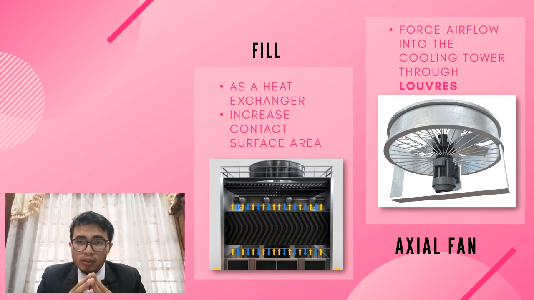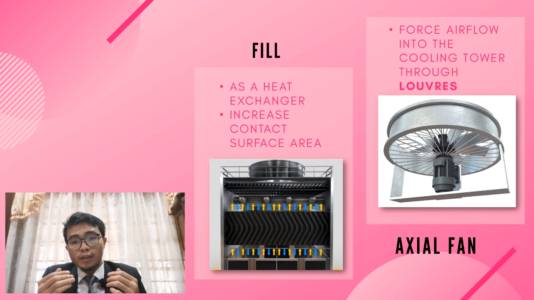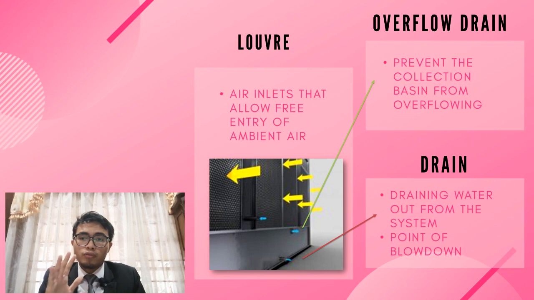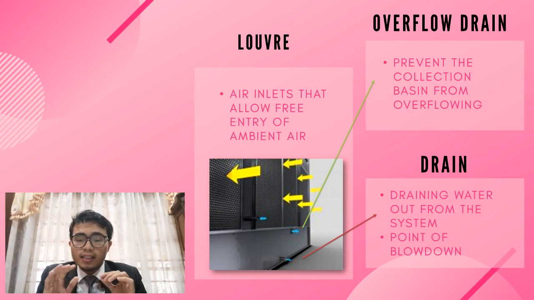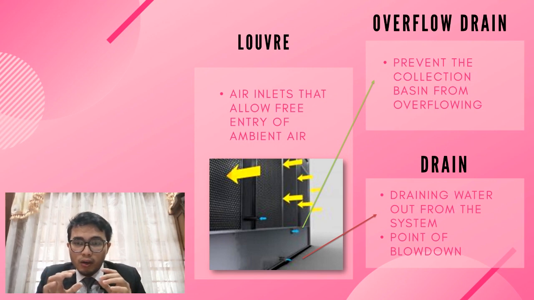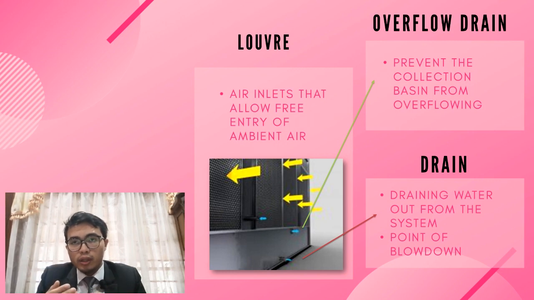And then we also have the axial fan. The axial fan is used to force the airflow to enter the cooling tower through a chamber or channel that we call a louver. So what is a louver? When we look at the picture here, the louver is the air inlet that allows the free entry of ambient air. It is also designed in a cage-shaped design that denies wild animals from entering the cooling tower.